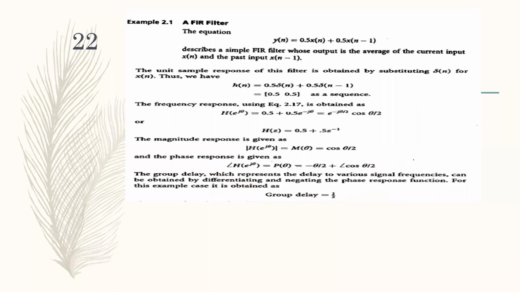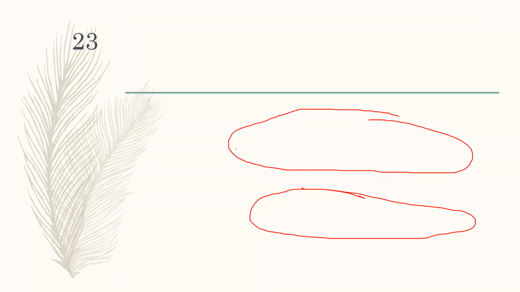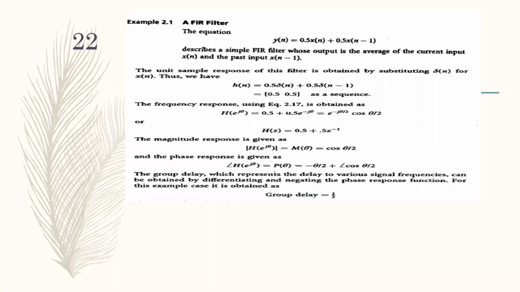Now let us see how the block diagram appears for this case. This is how it can be represented. How is this obtained? This is obtained by substituting theta values and trying to see some intermediate values. Say theta equal to 0, how much? Theta equal to 30 degrees, how much? 45 degrees, how much? 60 degrees, how much?